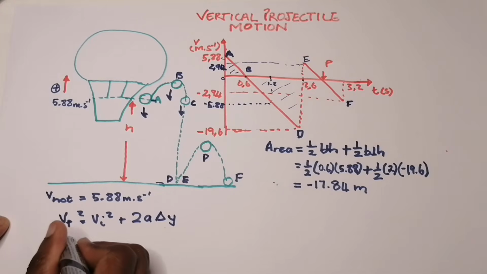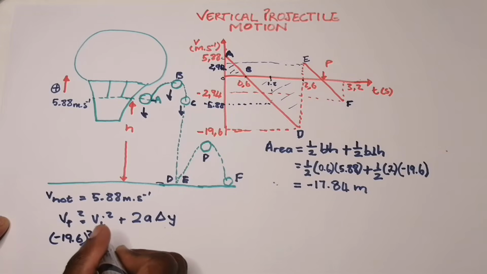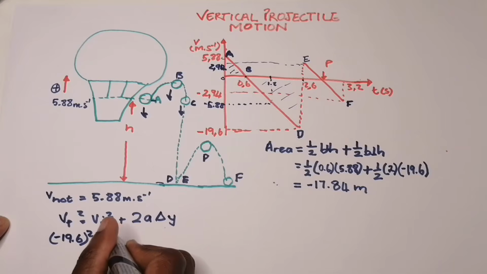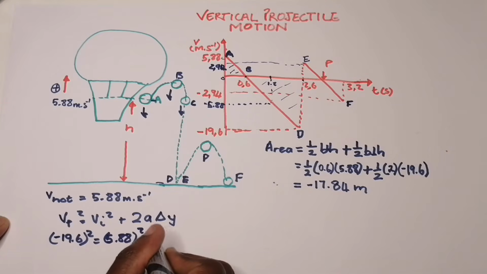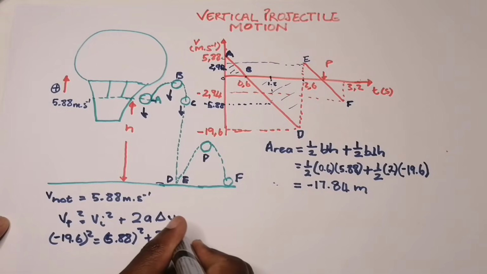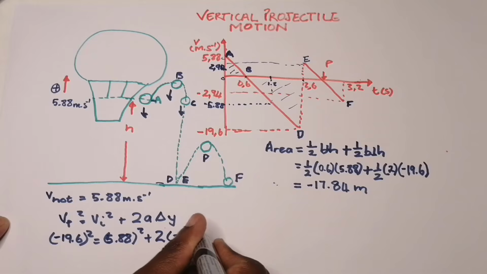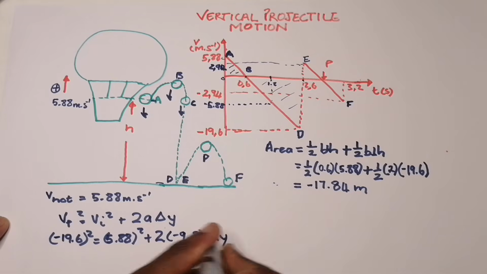Our final velocity was minus 19.6 squared. Initial velocity, that was 5.88 squared, plus 2 times, now note, gravitational acceleration is acting vertically downwards, so that's minus 9.8 there, multiplied by our displacement.